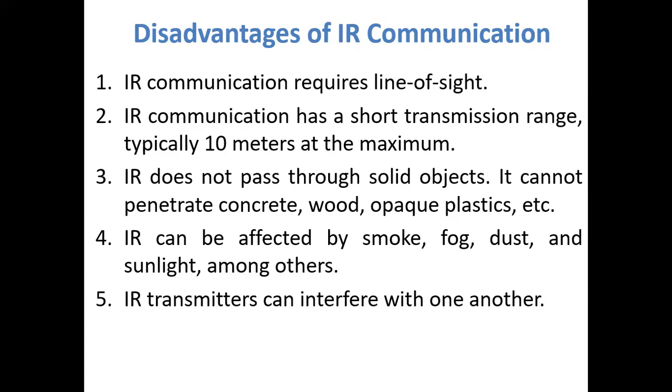And it can also be affected by atmospheric conditions like smoke, fog, dust, sunlight. And IR transmitters can interfere with one another if you have them at the same place. If you have two IR transmitters at the same place, then there can be interference.